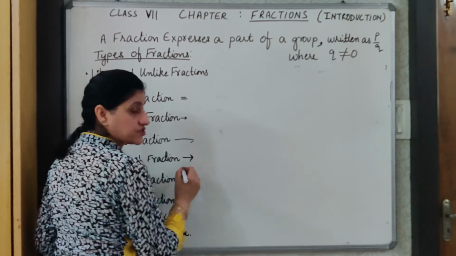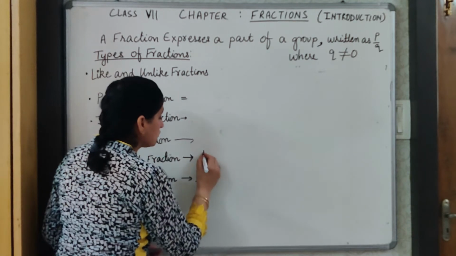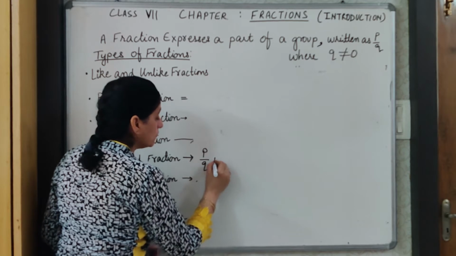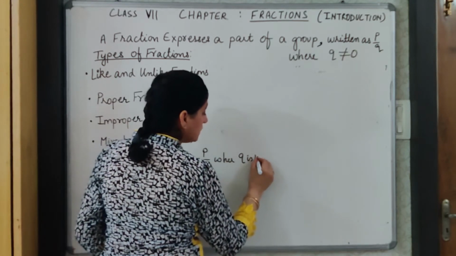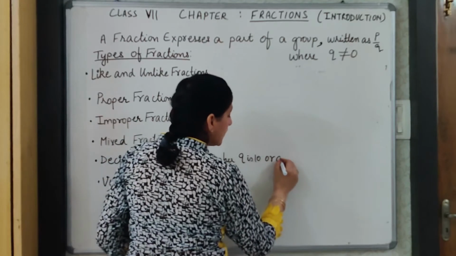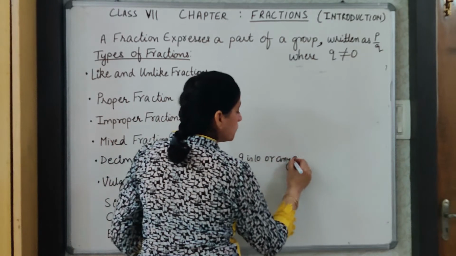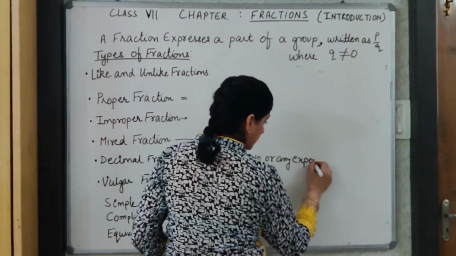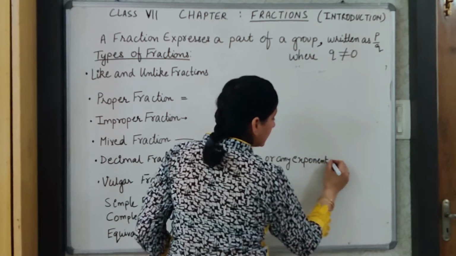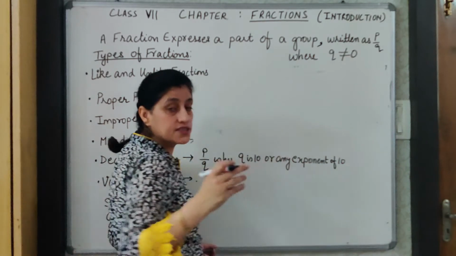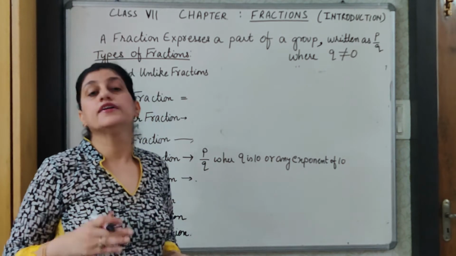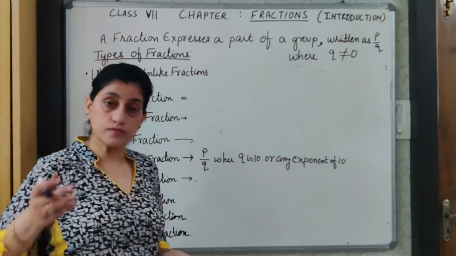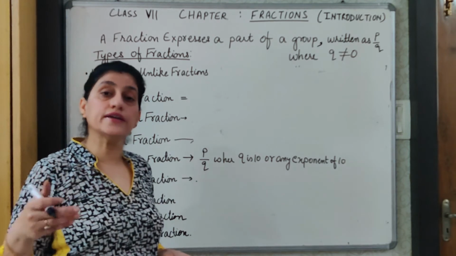Now decimal fraction. A decimal fraction is of the form P upon Q, where Q is 10 or any exponent of 10. When I say exponent of 10, it means 10 multiplied any number of times, like 10 into 10, 100, 10 into 10 into 10, 1000, 10 into 10 into 10 into 10, 10,000.